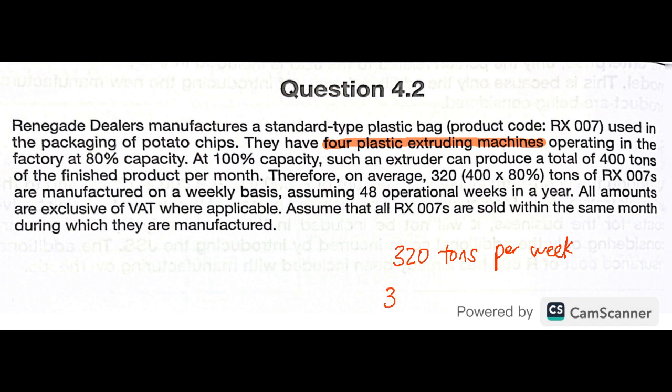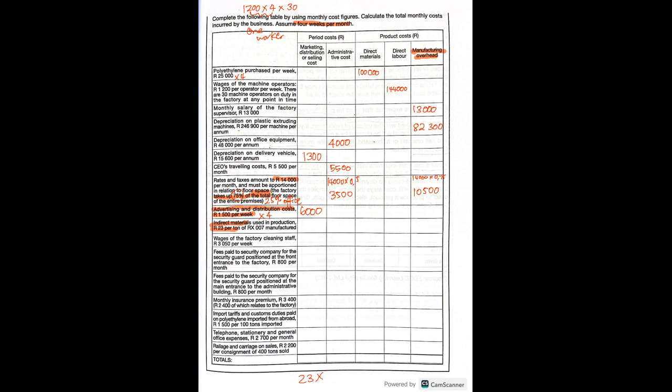So 320 times 4 then is what will tell us the number of units to be produced on a monthly basis. So here it is going to be the 23 times 320 times 4, because the 320 is looking at 1 week only. We want 4 weeks because we're looking at cost on a monthly basis, and the value is 23 Rand.